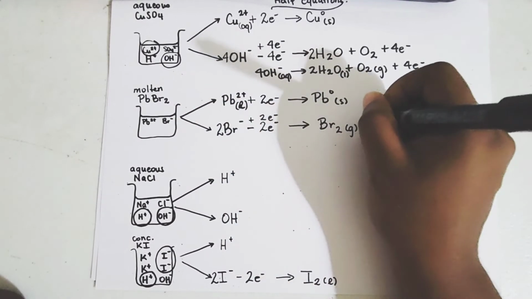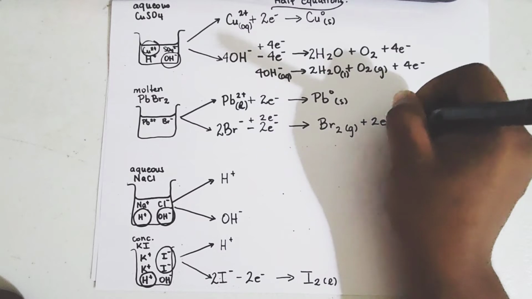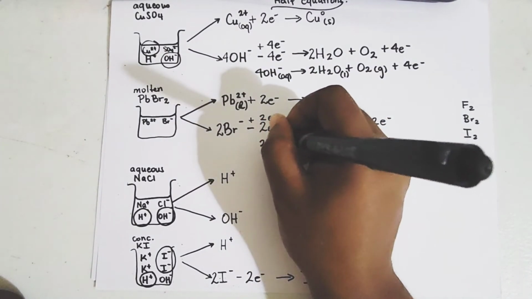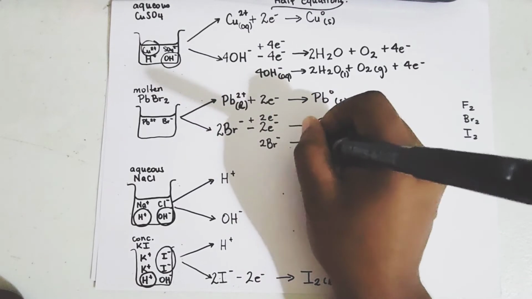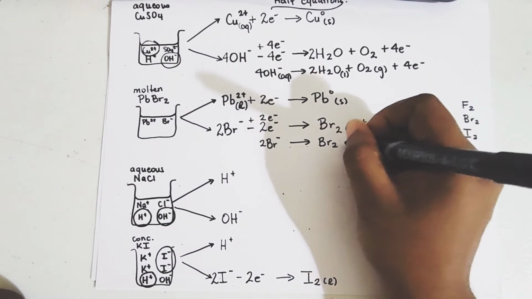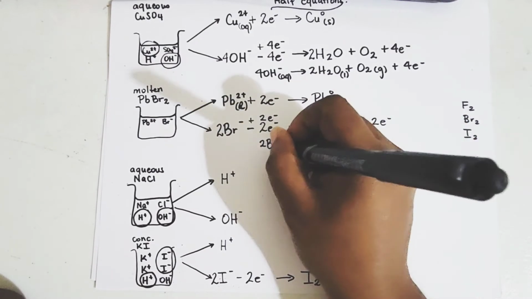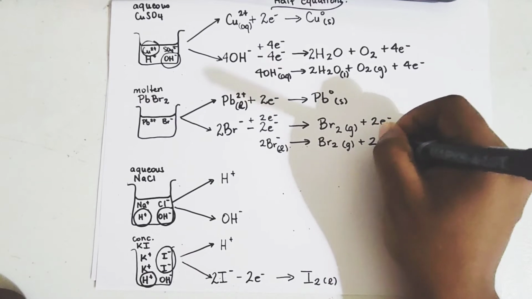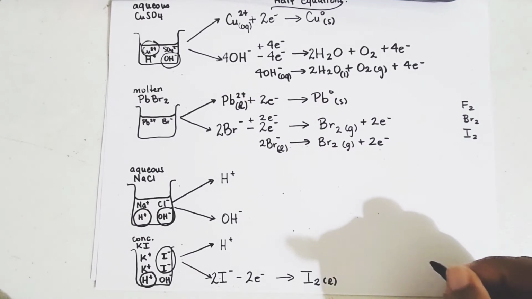It's just like transposition, and we rewrite the equation how it is supposed to be written to give Br2 gas. And remember, this is a liquid because it's in a molten state, plus 2 electrons. That's how we write it.